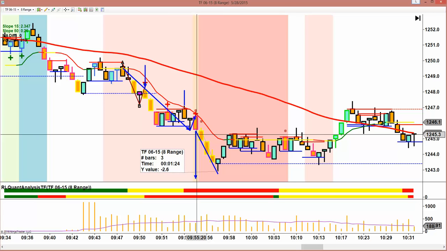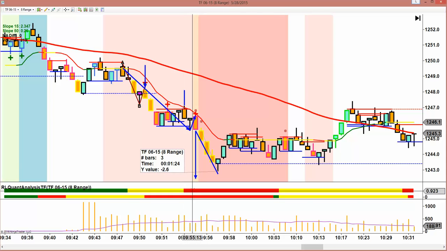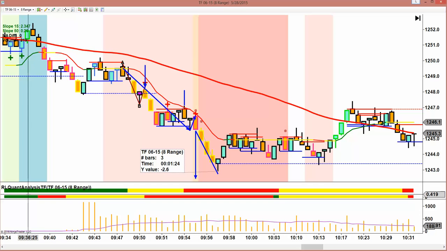Just go ahead. And we're going to create a dashboard. And we're going to alarm the dashboard. Now, we're going to do 2 things with the dashboard. When you get a dual red or you get a dual green, it's going to give you an alert. But you need a little bit more than that.